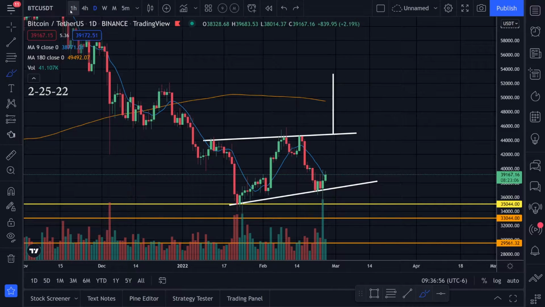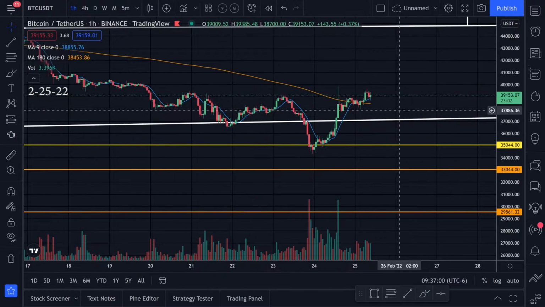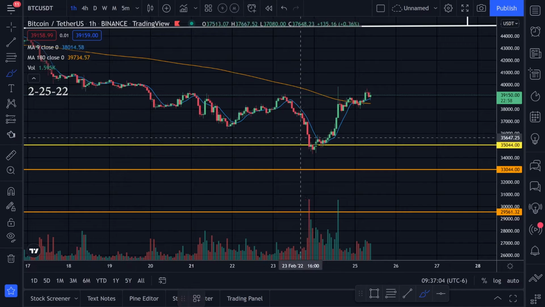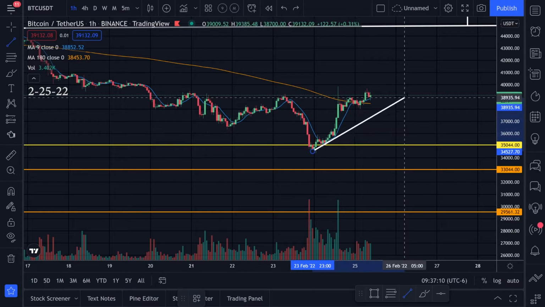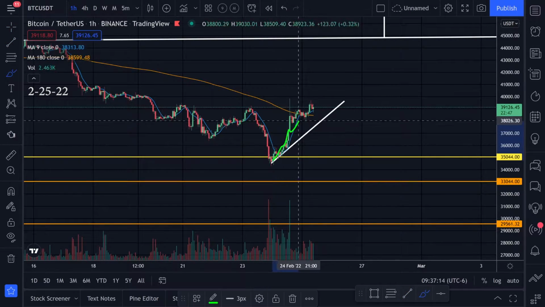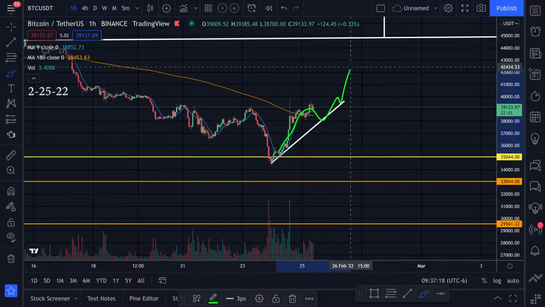Let's go ahead and go back to the 1-hour time frame and see the uptrend that I was watching yesterday. We'll go ahead and delete this trend line, and what I was watching yesterday was this support and this support. So let's go ahead and draw that up real quick. We have a trend line going up like this, and I was thinking until we break this trend line going to the downside, then it's possible that we'll get support on it and push to the upside.